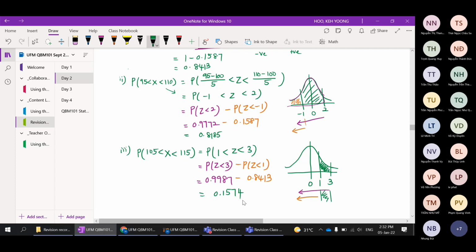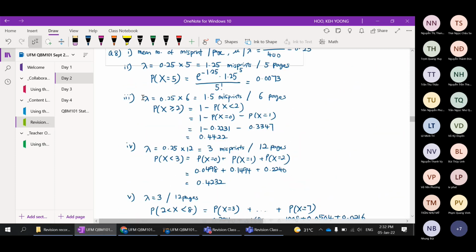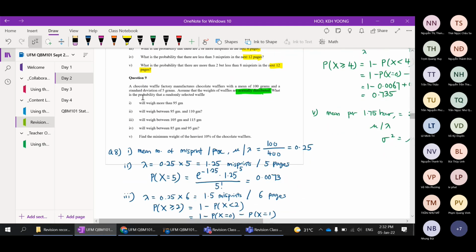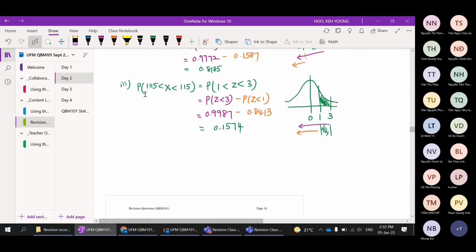So next question, similar, but between 85 and 95. The idea is the same, convert both 85 and 95 to Z value. You will get -3 and -1.